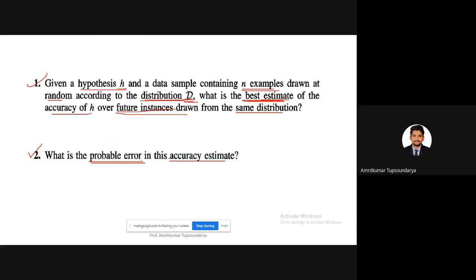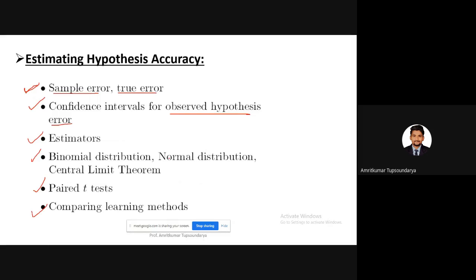Once we evaluate it, there are a few questions that we'll be addressing here. In order to answer those questions, we need to understand what we mean by sample error and what we mean by true error. These definitions and concepts will help us evaluate and estimate the hypothesis more accurately.